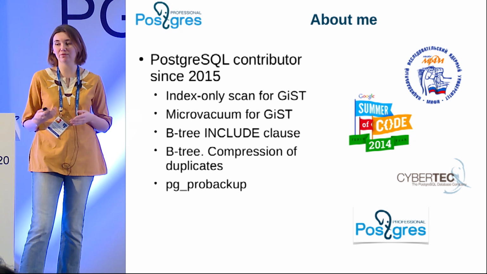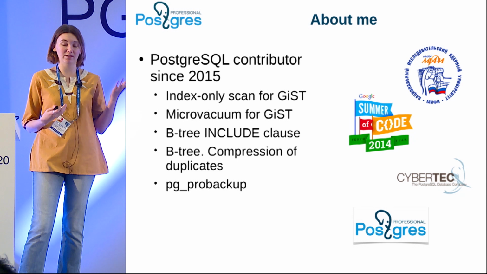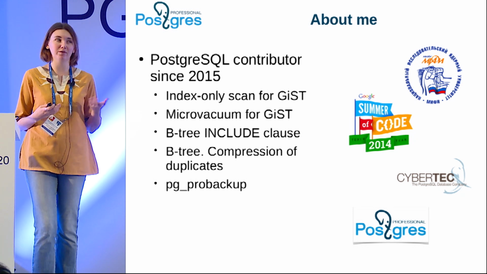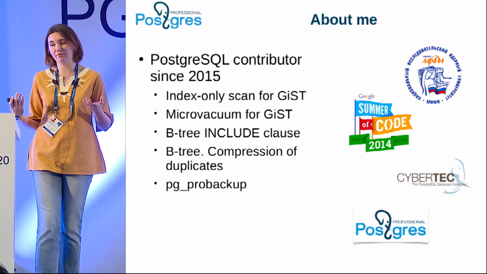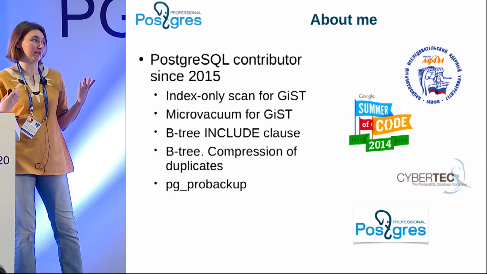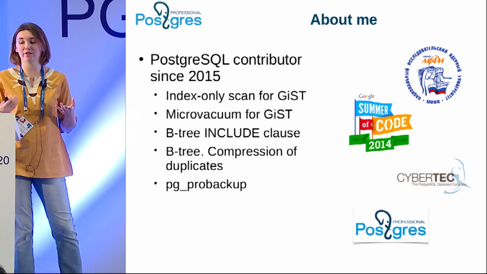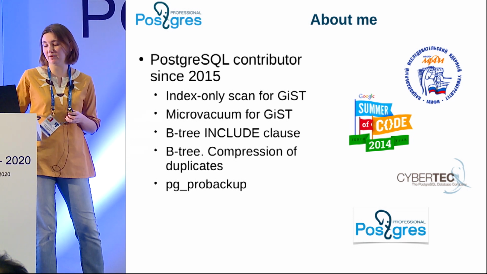I write code. I develop some features, those ones I will talk about today. And I also speak at conferences and teach databases at university. Currently, I focus mostly on indexing and storage optimizations, and also on backup solutions.